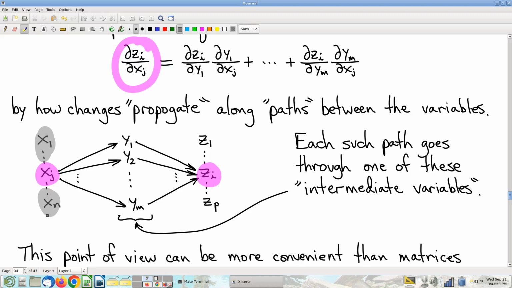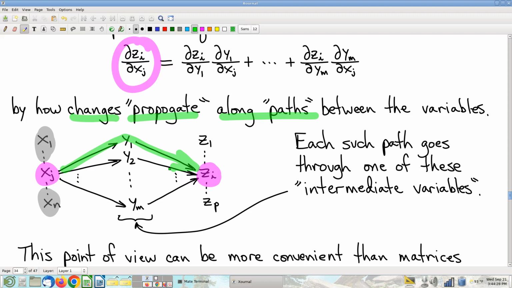Here's the way I like to think about this. I like to think about changes propagating along paths between the variables. So let's just take this one path at a time. This green path represents that when you change xj, there's going to be some corresponding change in y1.